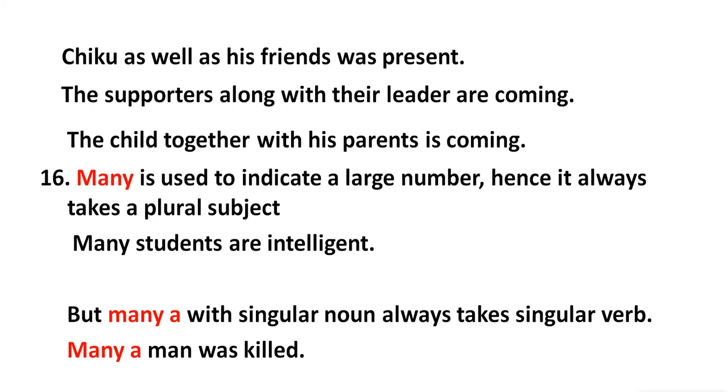I don't know whether you have ever seen such a type of sentence, but it happens that sentences come where the article a is placed after many. If a is there, remember that you always have to use a singular verb. Don't get confused thinking many means a large number so it has to be with a plural verb. If only many is there, then you take the plural form. But in this sentence, many a, if a is added with many, then you have to use a singular verb. See that example: many a man was killed. It looks quite awkward, there are a few sentences that look awkward grammatically.